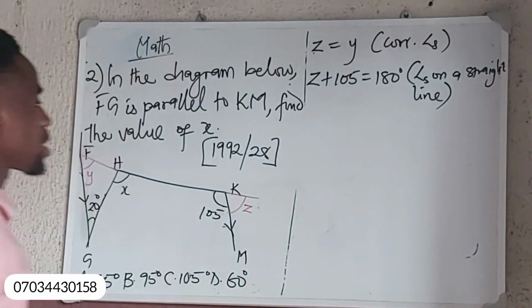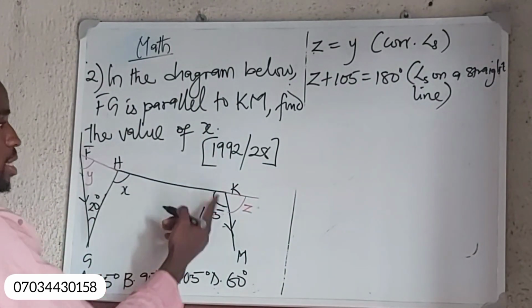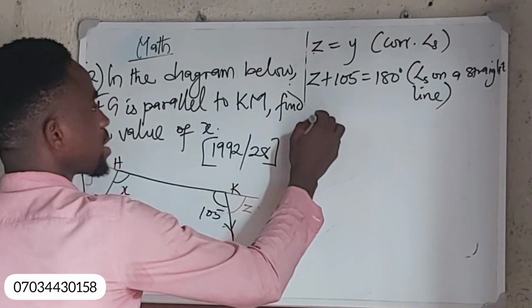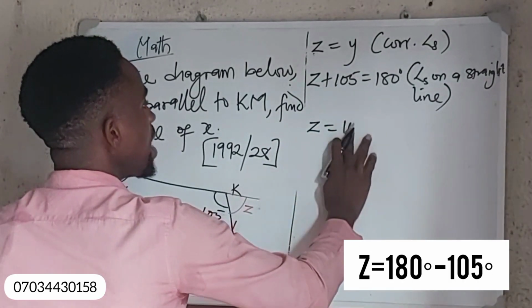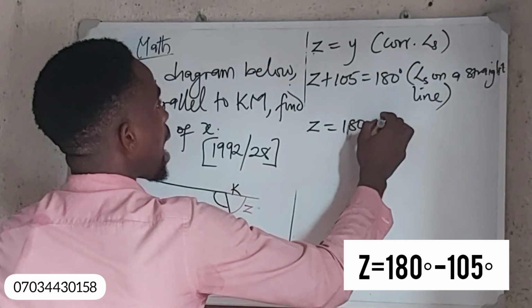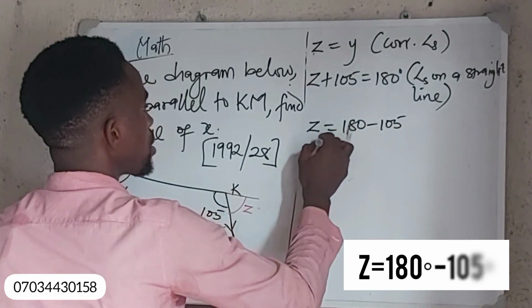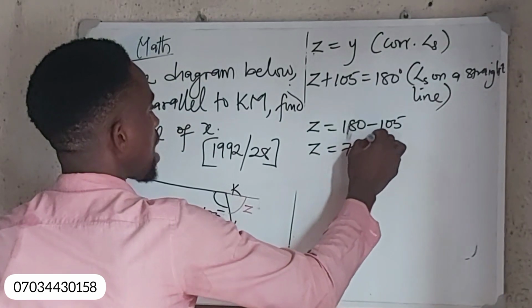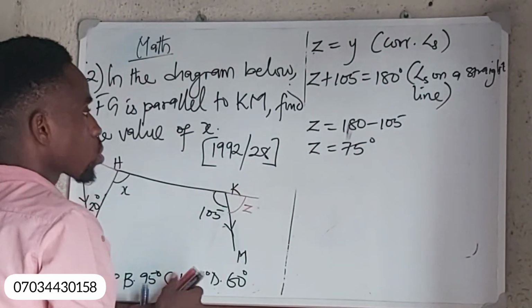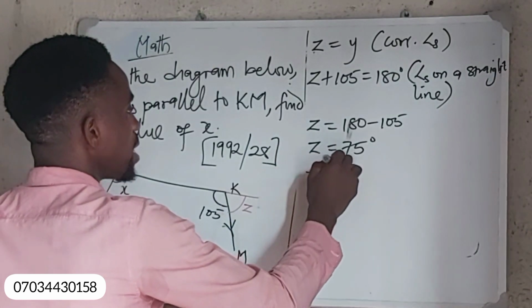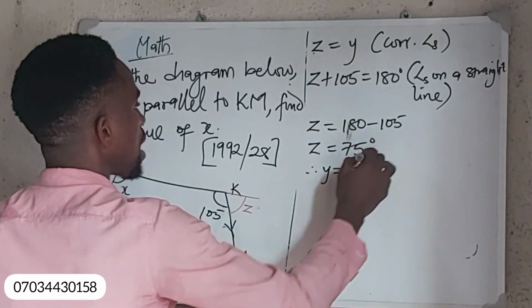So the sum of angles on a straight line will give you 180 degrees. So we can use that and say that therefore Z is equal to 180 minus 105, and that will give us what? 75 degrees. That's angle Z. Then since Z is equal to Y, we can say that Y is equal to 75 degrees.